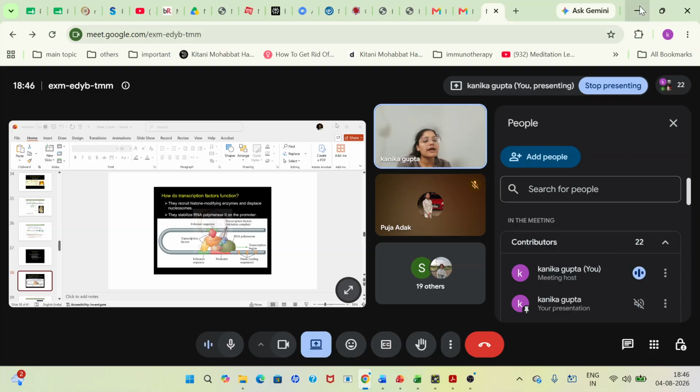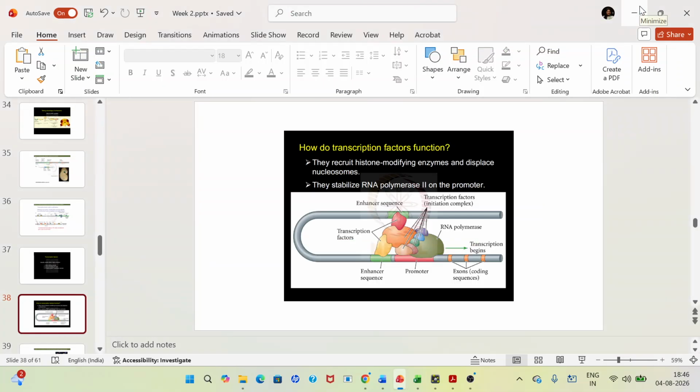How will they transcribe, and how will the information be passed on from DNA to RNA, and then from RNA to protein? So it is the enhancers that work in that direction, that help in opening of the DNA at the particular location wherever it is required, and also help in stabilizing the RNA polymerase so that it can be transcribed properly.